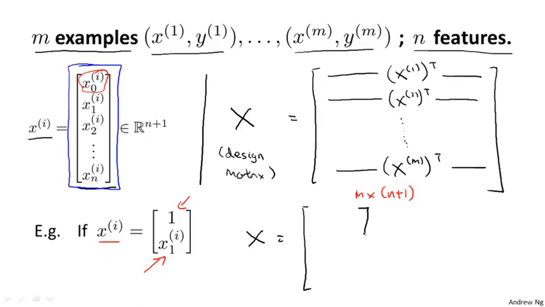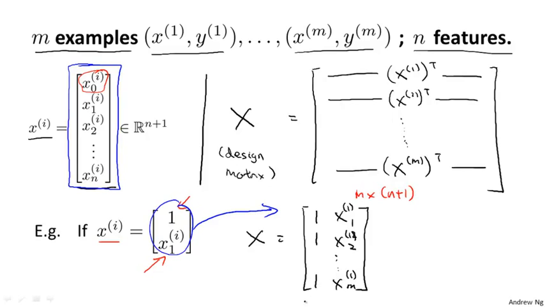For the first row, I take this and take its transpose, so I end up with 1, and then x1,1. For the second row, I end up with 1, and then x1,2, and so on down to 1, and then x1,m. And thus this will be an m by 2 dimensional matrix. So that's how I construct the matrix X.